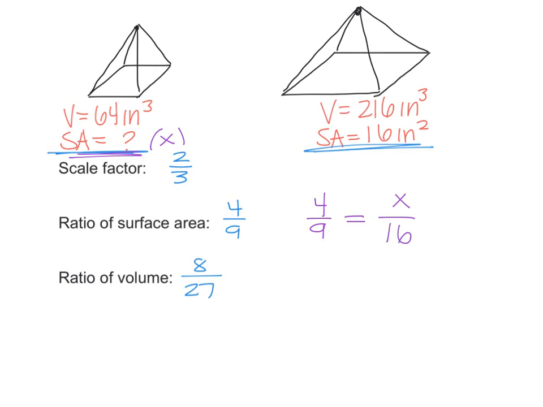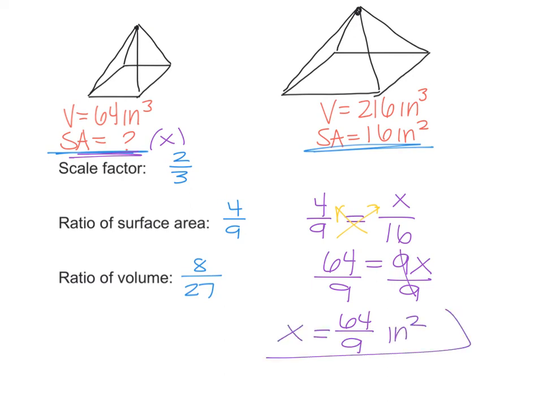So now I can cross multiply and solve just like you would do in any kind of problem like this. So 4 times 16 is 64, and that has to equal 9x. Divide both sides by 9. Those cancel out. So I get 64/9, and that can't reduce at all. So this would be my surface area for my smaller pyramid.